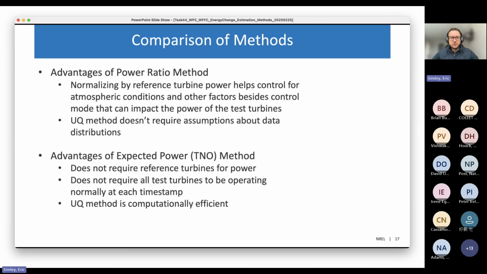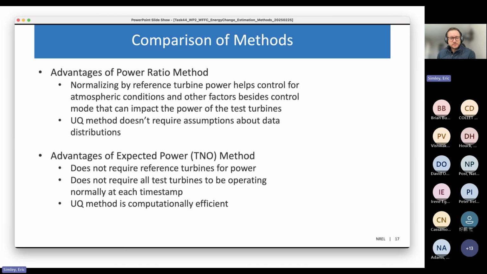If we normalize the power of the test turbines by the reference power, then that can help cancel out the impact of turbulence or shear or other conditions besides control. So we can isolate the impact of wind farm control on the change of power production. And since we're using bootstrapping, the method does not require any assumptions about the distribution of the underlying data.